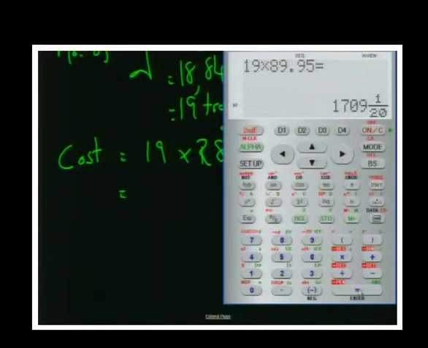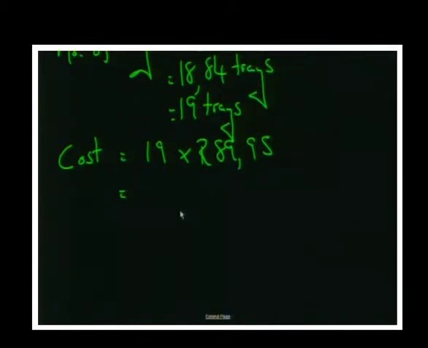Equals, there's my answer right over there: 1,709 Rand and 5 cents. That's how much money I need to plant grass around my pool.